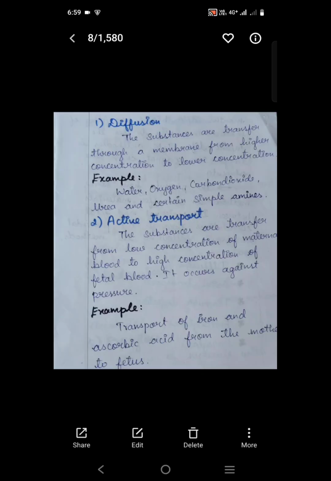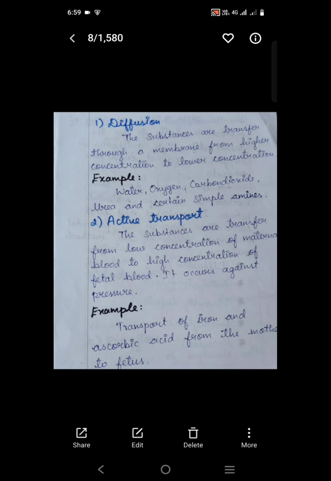Now we'll see the first one, the diffusion method. In the diffusion method, substances are transferred through a membrane from higher concentration to lower concentration. Here the membrane is in between, and substances transfer from higher to lower concentration. Examples are water, oxygen, carbon dioxide, urea and certain simple amines, which are transferred from higher concentrations to lower concentrations.